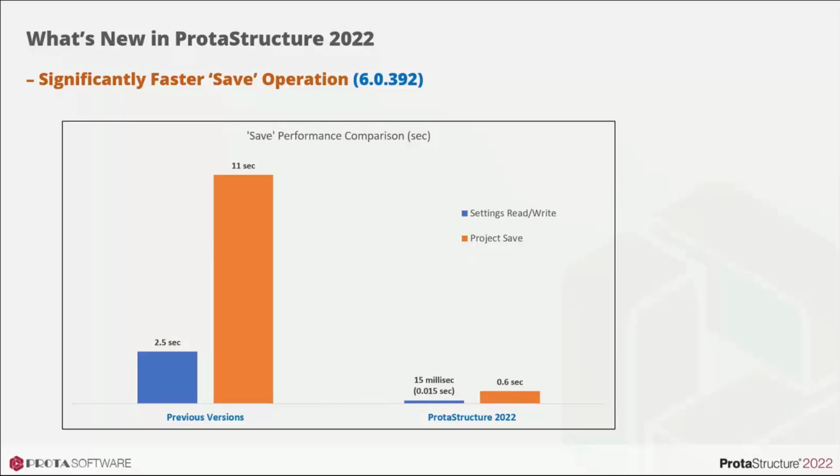We improved the read and write operations of the settings. So now it is reduced maybe down to 15 milliseconds from 2.5 seconds. So we achieved an incredible speed in the save operation with the latest version.